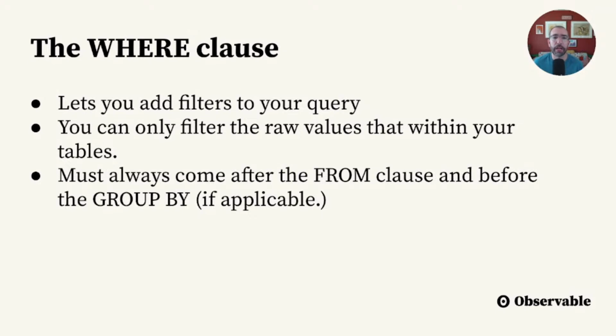So if we've got a column that says something like state name or state, we want to be equal to California, we can filter that in our where clause. So we can just take the results that we have and reduce them by adding some filters. Where clause, just like before, has to come in a specific order. It's going to come after your from and join logic and before your group by logic if you have a group by.